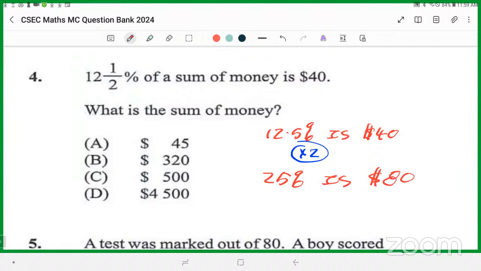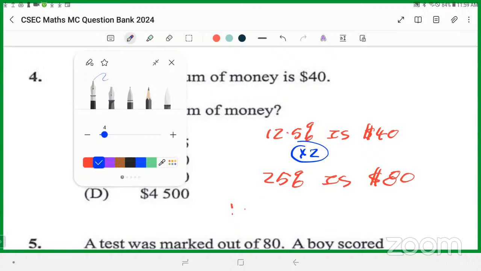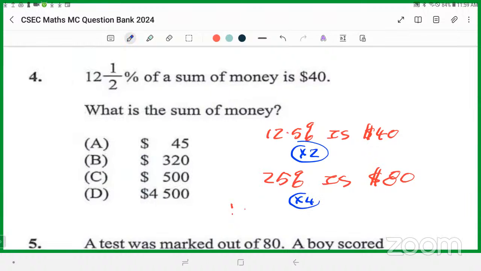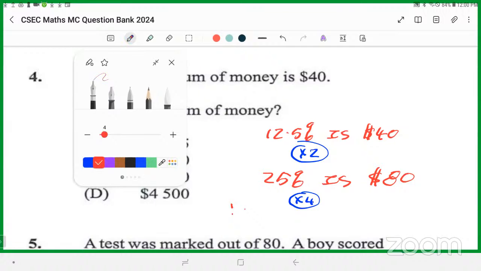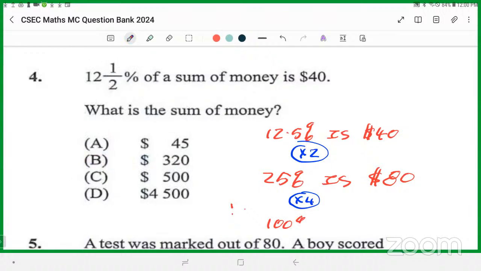If 25% is 80, 4 times 25 make 100, don't it? Therefore, multiply by 4 now, you get 100%. So 100% multiplied by 4, this times 4 is how much? 320. So the answer there, 320.